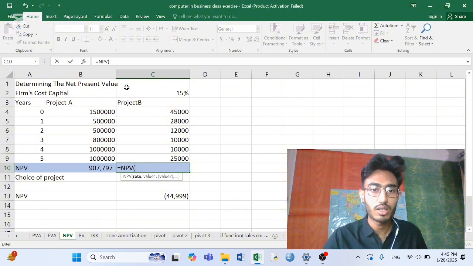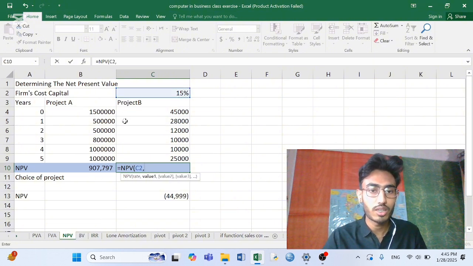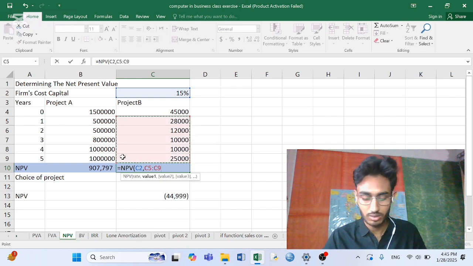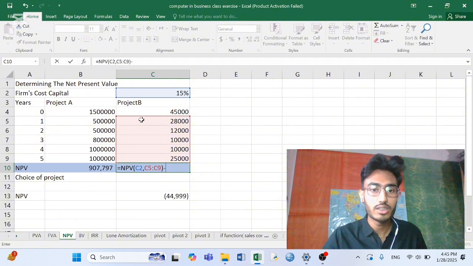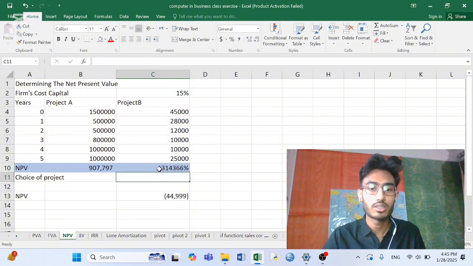First, the rate, colon, the values are here to here. Yeah, that's it. Finish the formula and minus the initial investment. Yeah, and here it's in percentage, so we're going to transfer it into dollars. That's all.